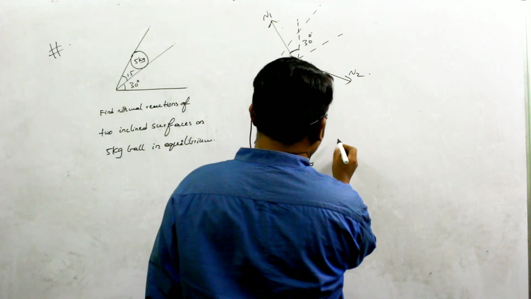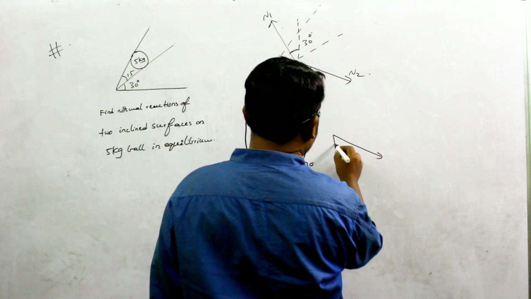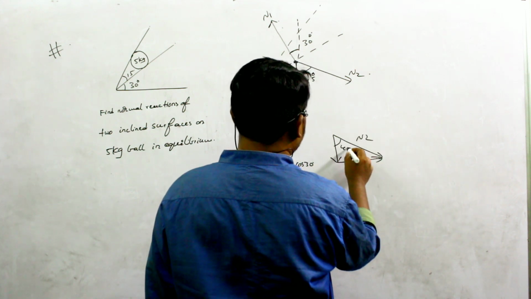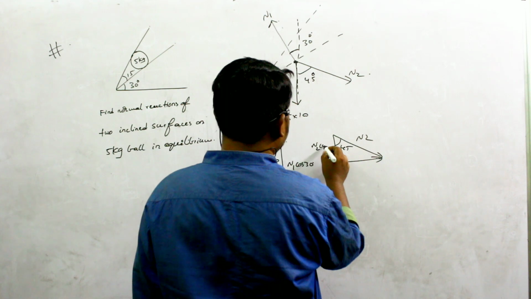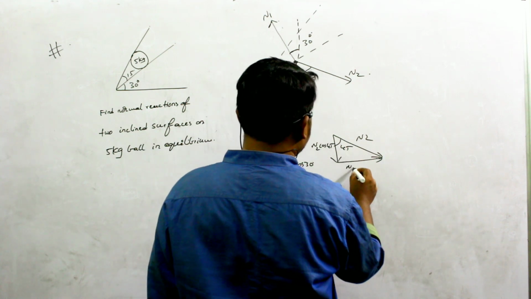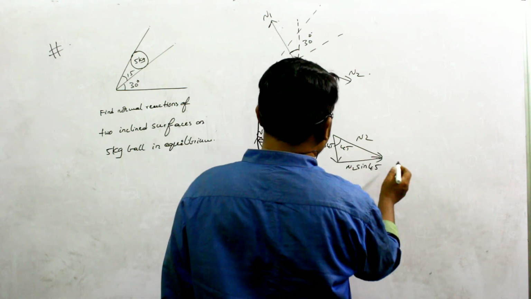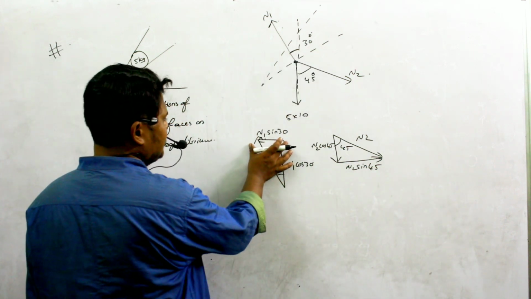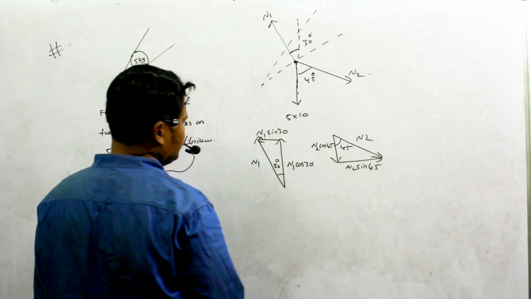Similarly, I will split the N2 vector into two components. This is N2, this is 45, so N2 cos 45 and N2 sin 45. Clear?